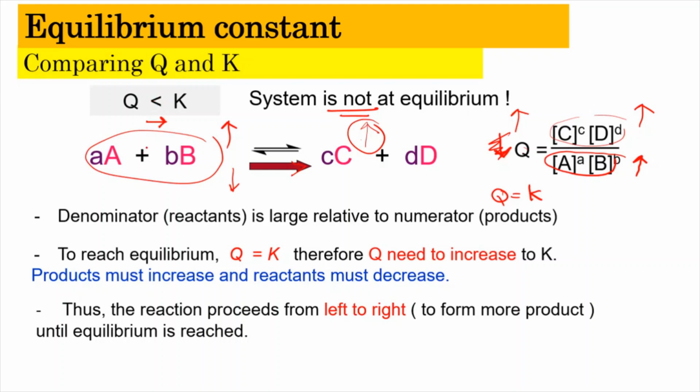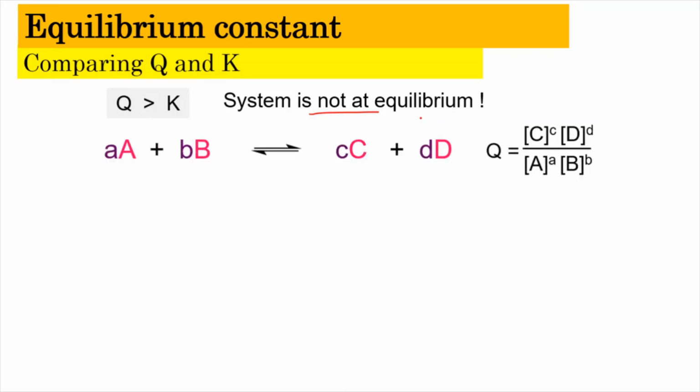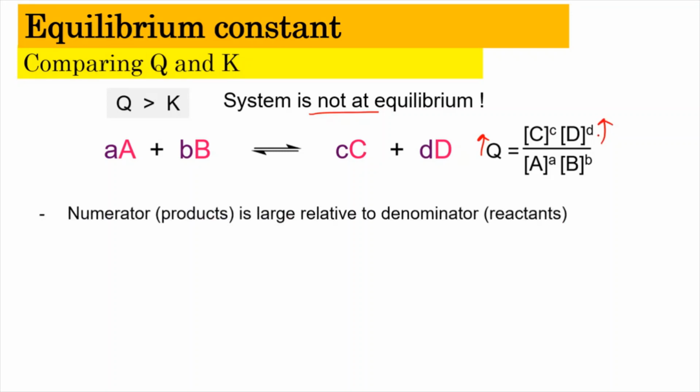Now we're going to look into Q that is greater than K. When Q is greater than K, the system is also not at equilibrium. Let's say you have an equation here. When Q is very, very large, it means that our concentration of C and our concentration of D, which are the products, is very, very high as well.